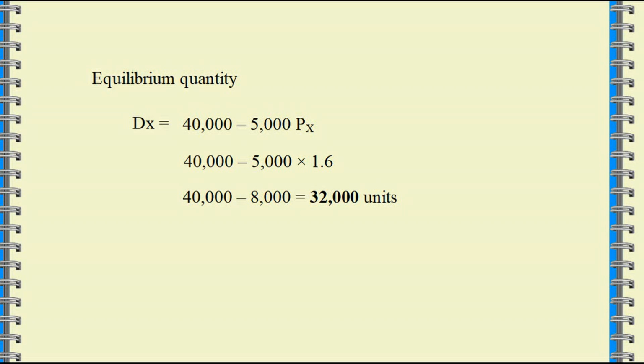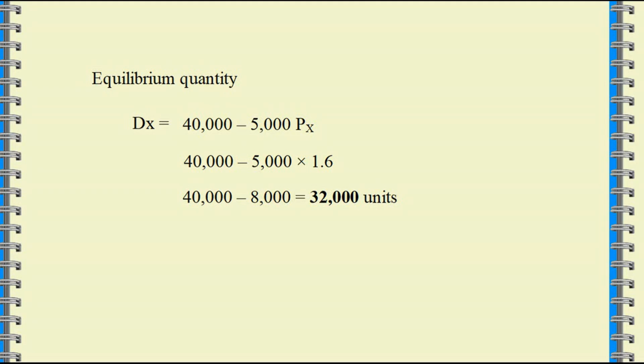Now we put 1.6, the market equilibrium price, in place of Px in the market demand function. The market demand function that we computed earlier is 40,000 minus 5,000 Px. When you put 1.6 in the place of Px, the result is around 32,000. This is the equilibrium quantity.